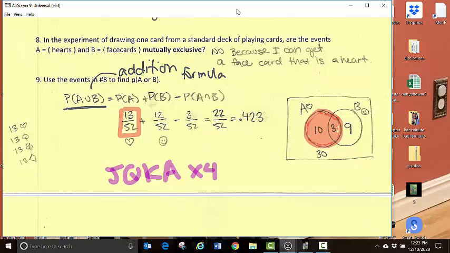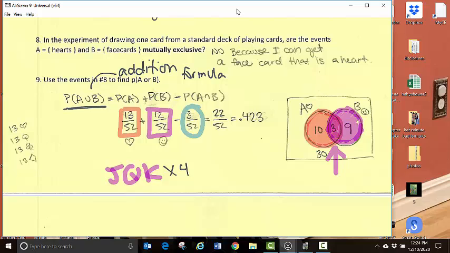Ace doesn't count, so there are 12 of them, and 3 of them are the hearts: Jack of hearts, Queen of hearts, King of hearts. But if you just added up the red and purple values, you would have double counted the middle, so you need to subtract that to get the true value.